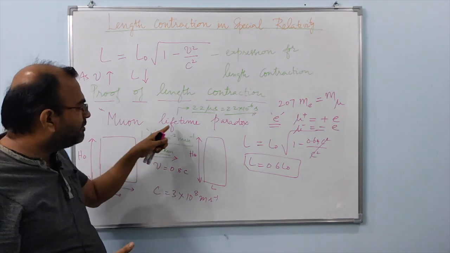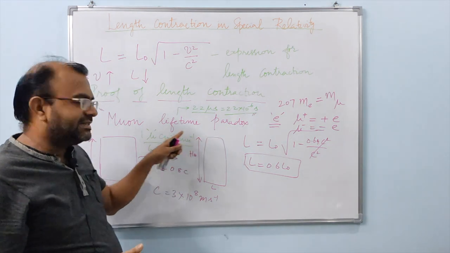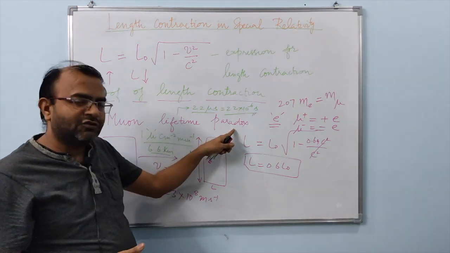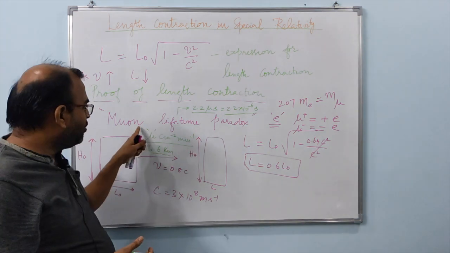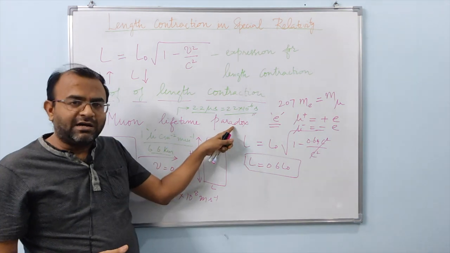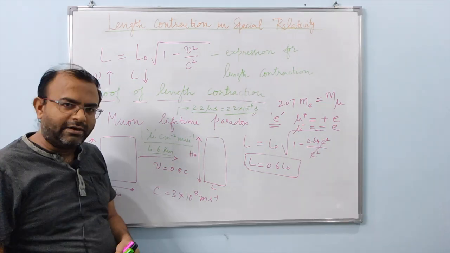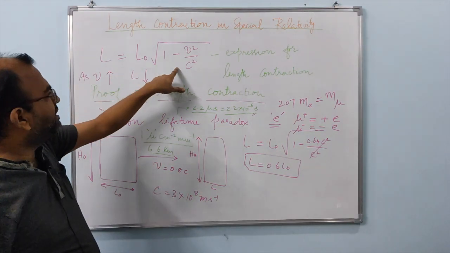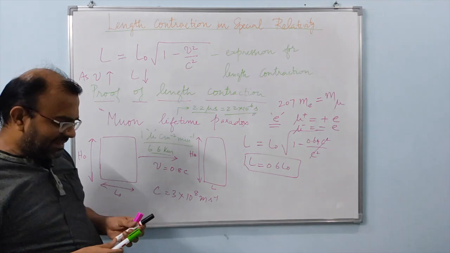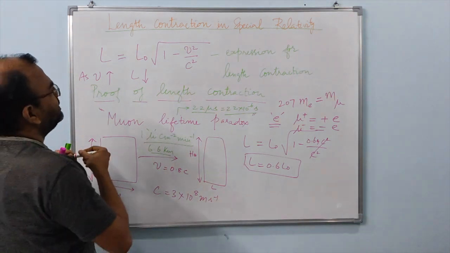I am not going to elaborate this further. A separate video is being posted to explain this muon lifetime paradox in greater detail. Please do check that video. What about this expression? Is there a way to derive this expression?